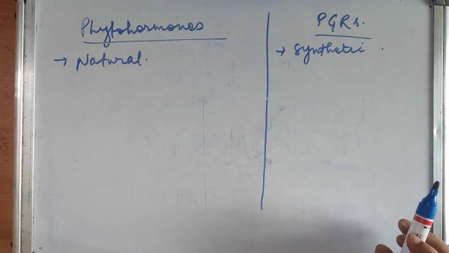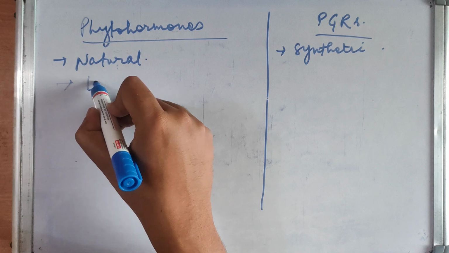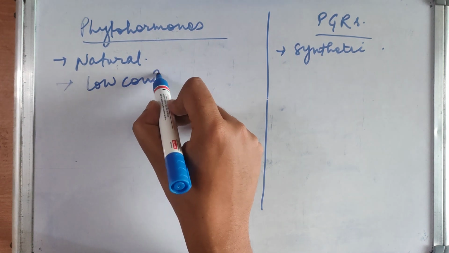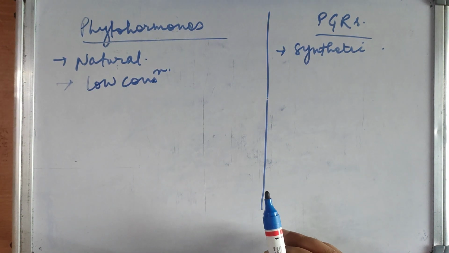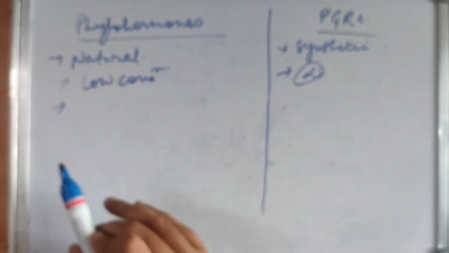They are mainly similar, but there is a slight difference you should know. Phytohormones are maintained in low concentration by the plant. PGRs are not maintained by the plant at low concentration.